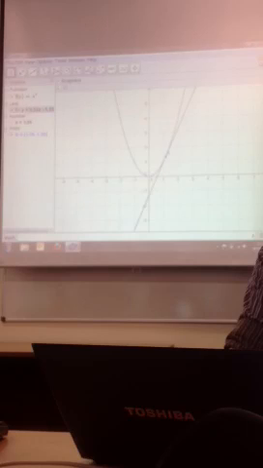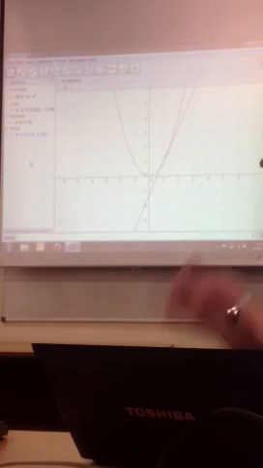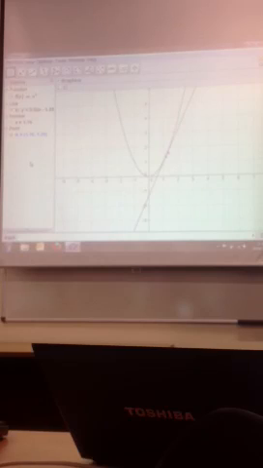what do we know about the gradient of this tangent in terms of A? 2x, yeah. It's 2A. What do we know about the gradient of the perpendicular? It's minus 1 over 2A. Okay? If we know the gradient of a tangent, do we know the x-coordinate at the point that it is tangent to?